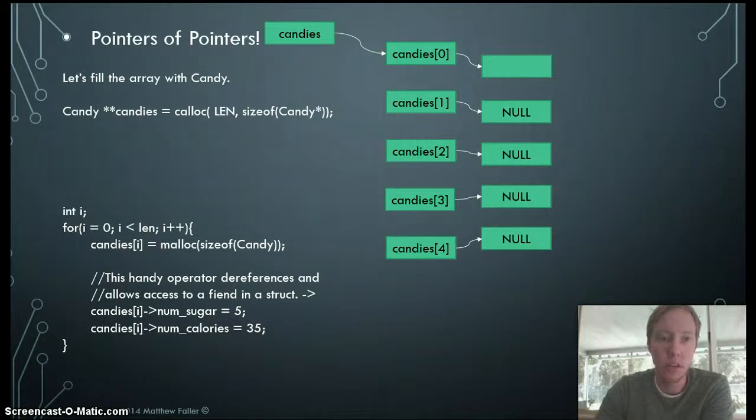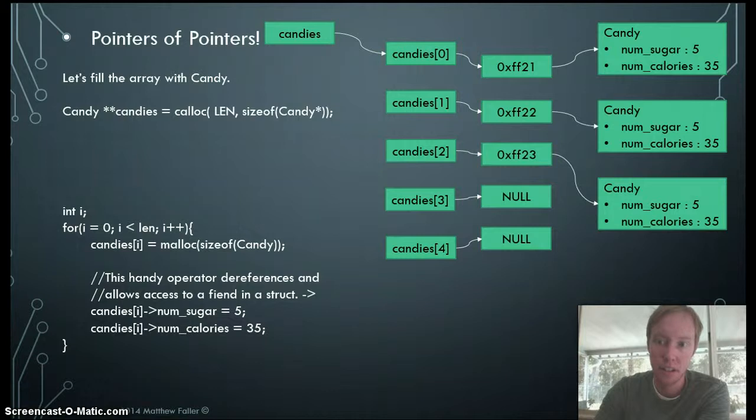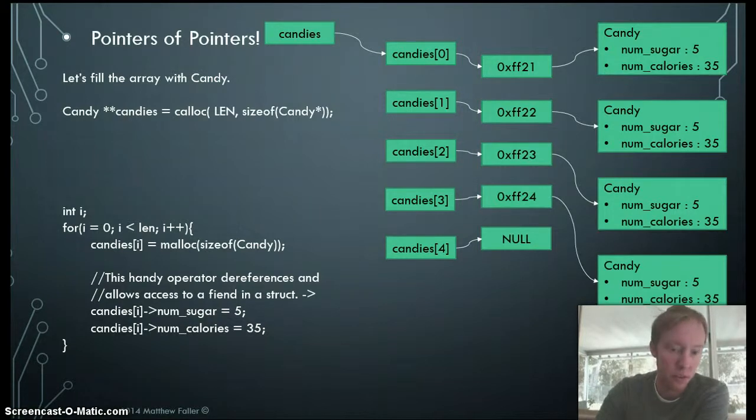So I just have pointers to candy and I'm not really wasting any space, because the second I need to actually make a candy structure and point to it, I'm only using enough space for one candy, then only enough space for 2, then 3 candies, then 4 candies. So if you're doing a really long array, this can save you a lot of space. So let's go to part 2 now.